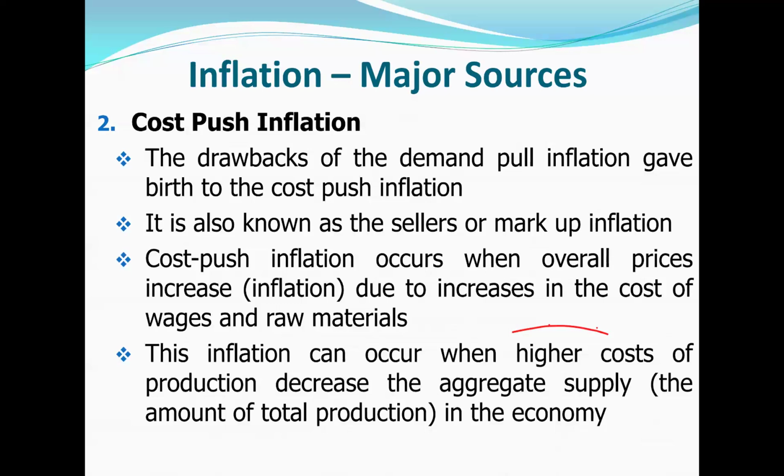There is also what you call cost-push inflation. This one is brought about by an increase in the cost of production. When the cost of production really increases, then prices go up because the suppliers are trying to recover the money that they incurred. When the cost of production goes up, the one who bears that cost most of the time is the consumer.